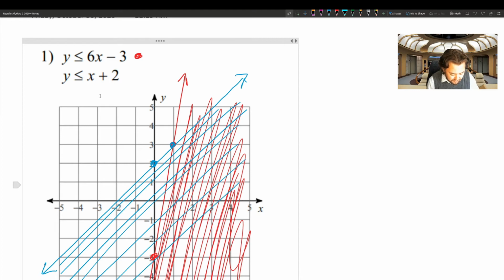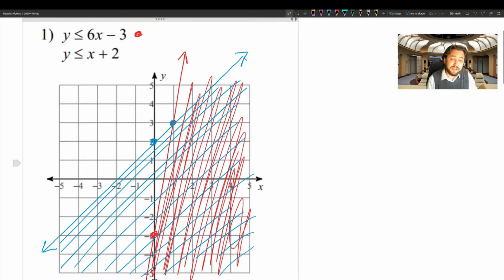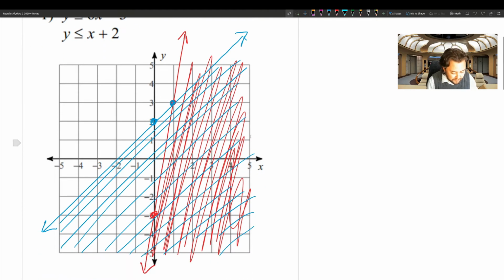Now, I know that this looks like a whole bunch of gobbledygook, and that's my fault for doing this on a tablet. What I'm going to do is take my highlighter and highlight the spot where the blue and the red are simultaneously.